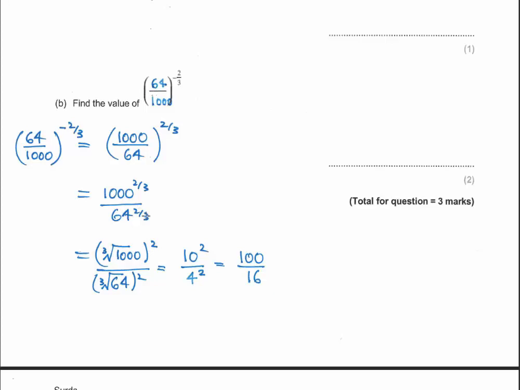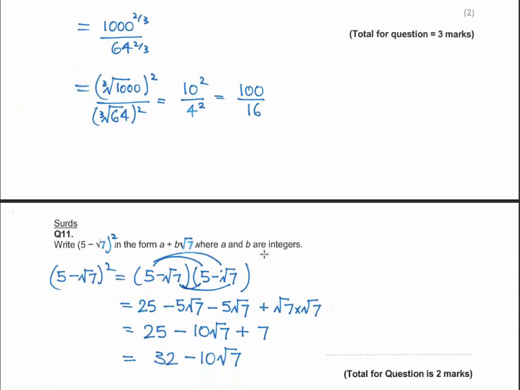And 64 to the power of 2/3 is the cube root of 64 squared. And each of these numbers are cube numbers, so we can find the cube root of them. The cube root of 1,000 is 10, squared is 100. The cube root of 64 is 4, squared is 16. So our final answer is 100 over 16.